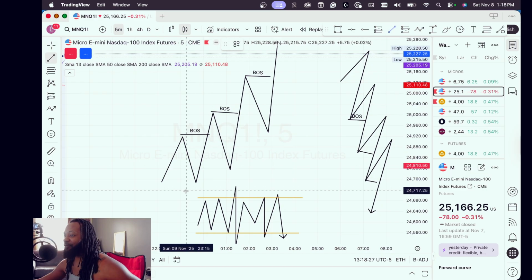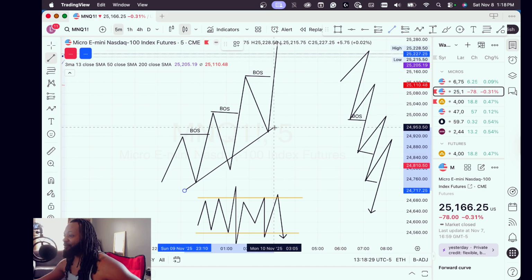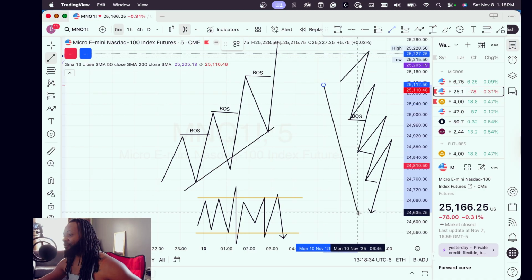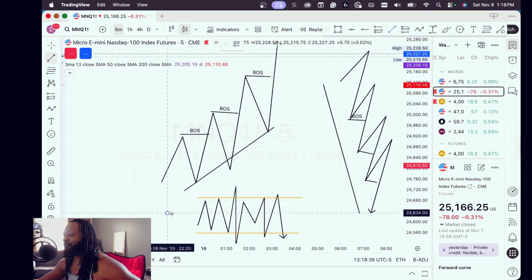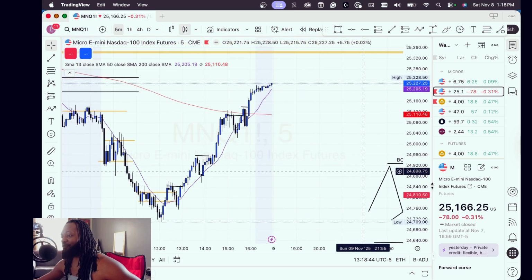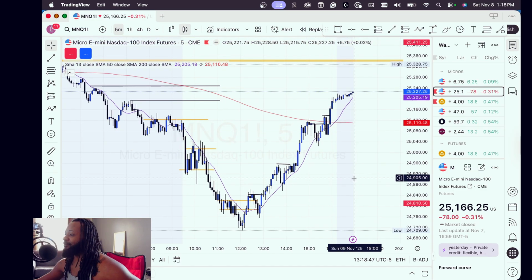I'll repeat myself again: uptrend, downtrend, consolidation. It just moves sideways. All right, go back to the markets and do it again. You need to know this.